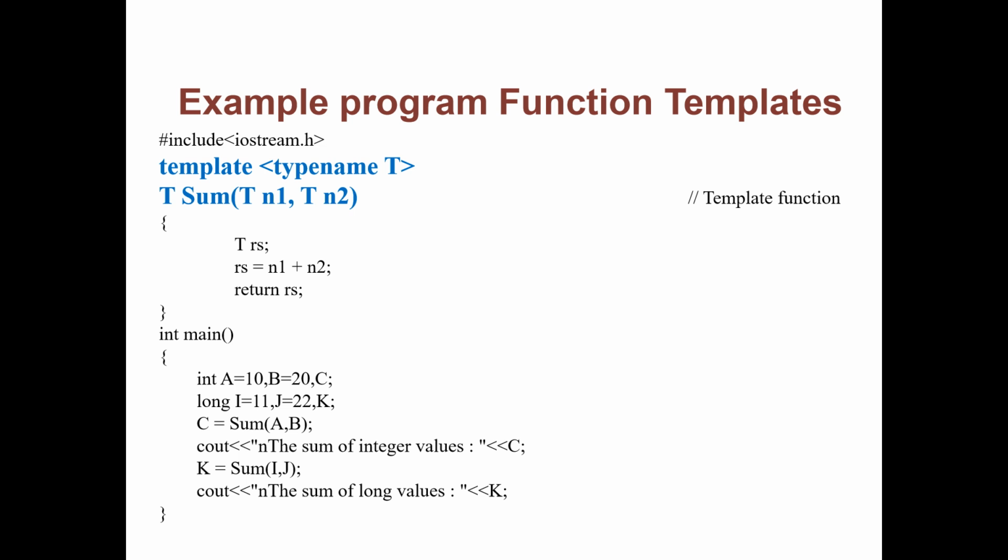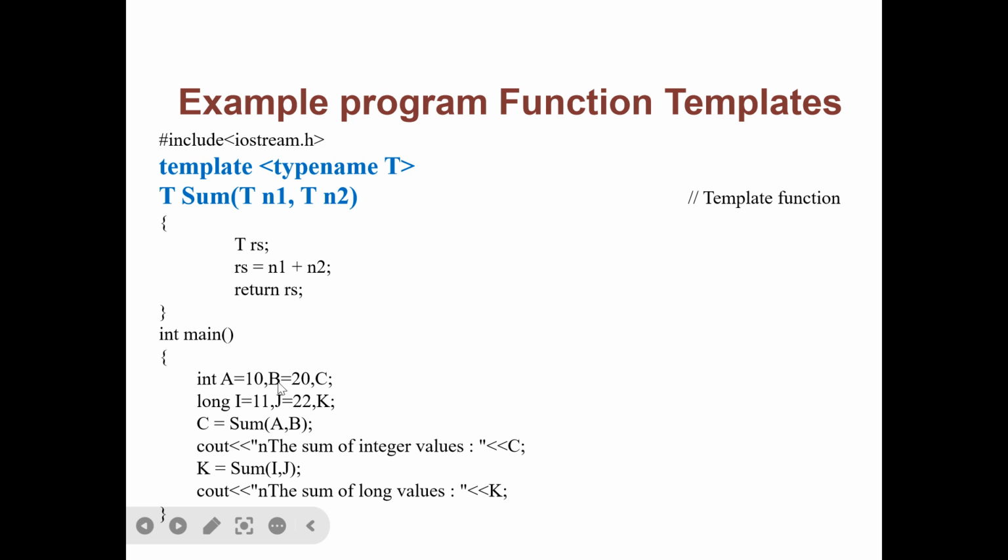The program uses the sum function template to add a and b and stores the result in c. It then uses the sum function template to add i and j and stores the result in the long integer variable k. So c is used to store the sum of a, b, and k is used to store the sum of i, j, but the data type is different.